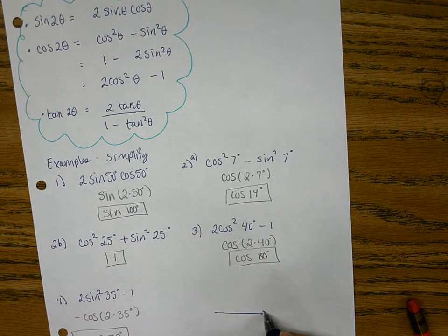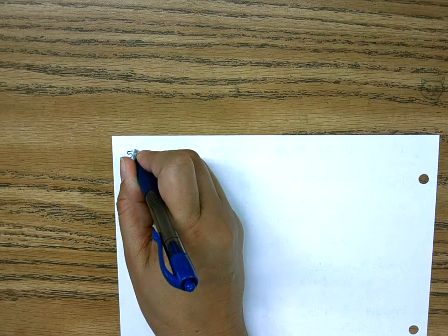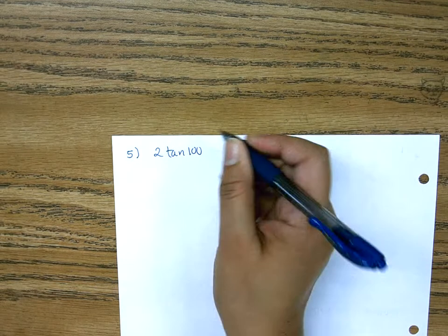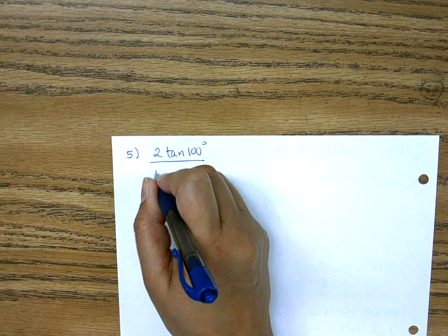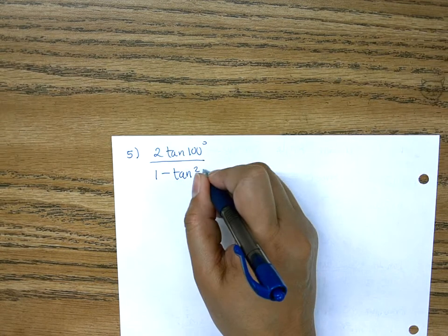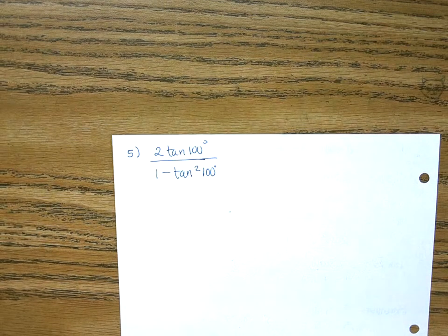Okay, number 5. I'm actually going to put number 5 on the back only because I want to compare it to 6 and 7. Okay, 5 is 2 tan 100 degrees over 1 minus tan squared of 100 degrees.